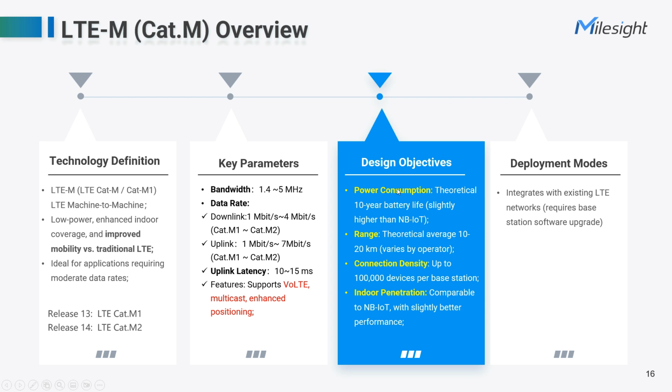This last point is the biggest difference between LTE-M and its cousin, NB. Let me give you an analogy. Think of NB as an excellent stationary guard. It's perfect for devices that stay in one place, like a parking sensor or a smart fire hydrant. On the other hand, LTE-M is like a mobile scout.